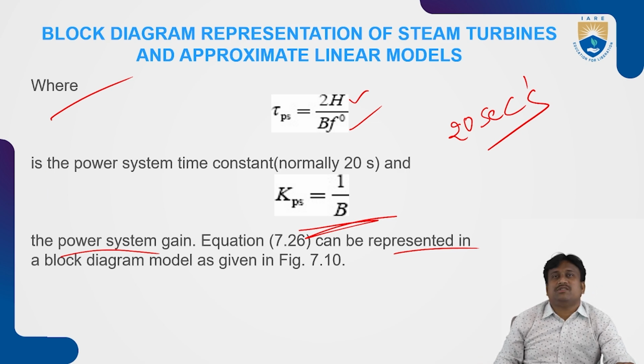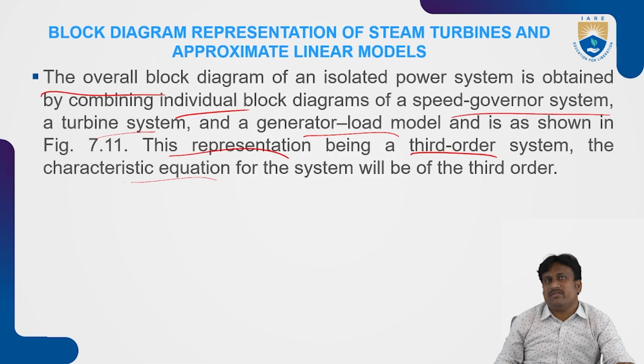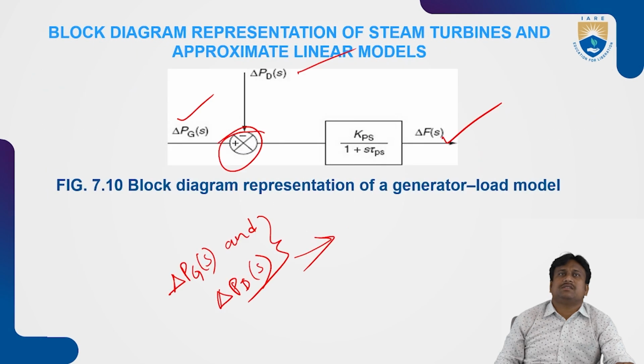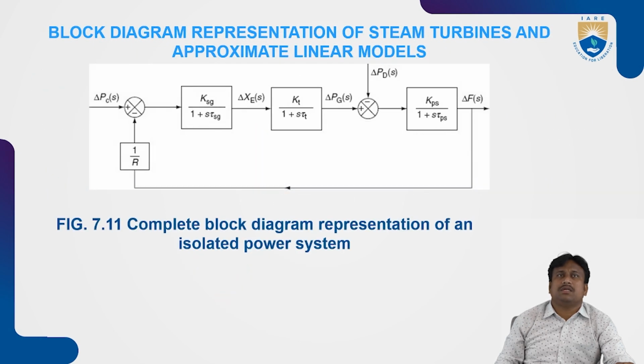They may gradually change with the change in frequency, and this third order system will be connected to the characteristic expression for the whole system. So this whole system is connected with these parameters as the respective blocks are associated here.